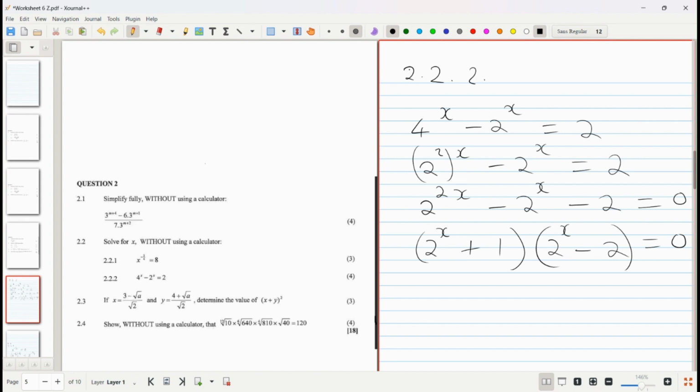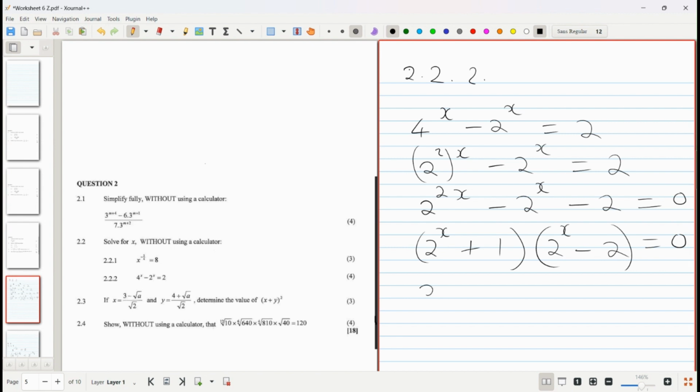So 2 to the power x multiplied by 2 to the power x, we have 2 to the power 2x, and then 2 to the power x multiplied by negative 2, we have negative 2 times 2 to the power x, and then 1 multiplied by 2 to the power x, we have positive 2 to the power x, and 1 multiplied by negative 2, we have negative 2. So we can confirm that.